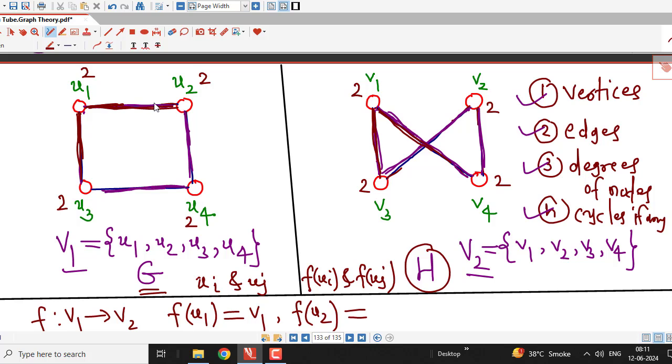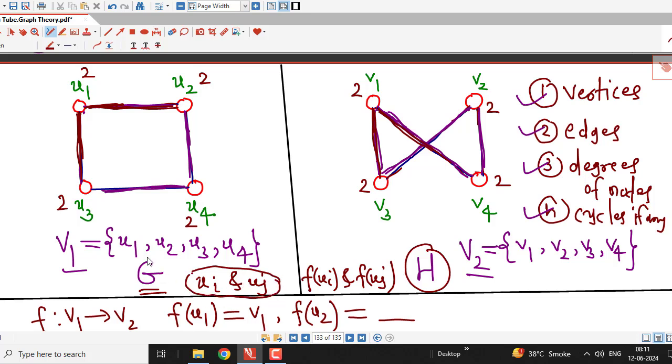So here u2 is adjacent with u1 and u4, and whatever element I consider here must be adjacent with v1, because we have to take care of this property also.